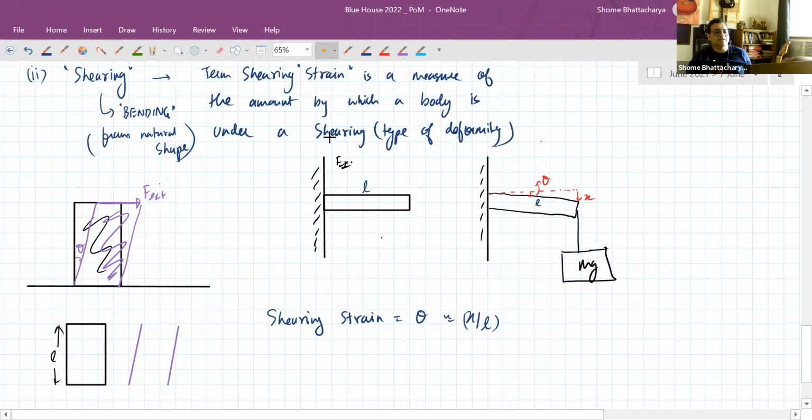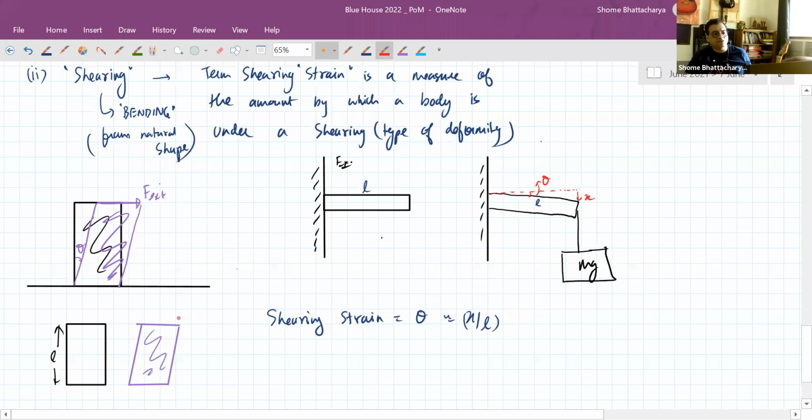The angle by which we bent it becomes the shearing strain. And as you can see, it's a dimensionless quantity because it's an angle. So it's a unitless or dimensionless quantity.